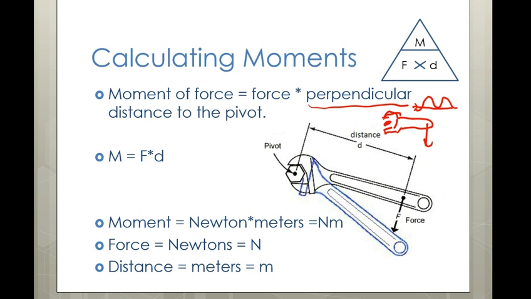So your equation winds up being moment of force, or torque, is equal to force times distance. The unit for this: force has its own unit, which is newtons, and distance has a unit, which is meters. We don't have a new unit for this. We just wind up calling it a newton meter, or an N·m. That's what you guys need to know for the math side of things.